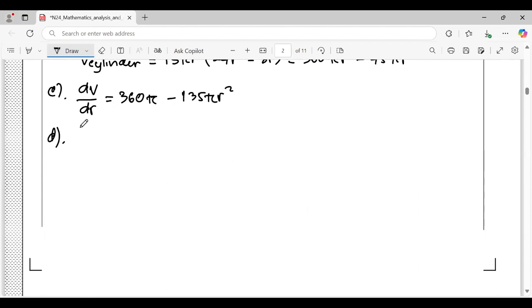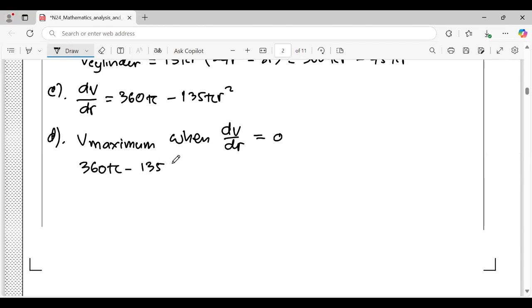D. Volume maximum when dphi equal 0. So 360 pi minus 135 pi r squared equals 0.